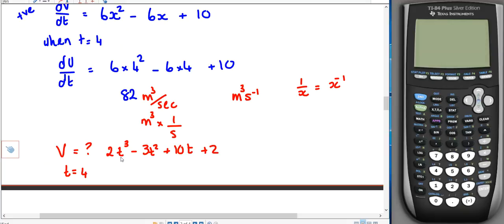Now I could ask it in even another way and say, at what time is volume 500? At what time is the rate of change 100 meters cubed per second? That kind of thing. And that's what we need to look at in the next thing, right? So this is what's going to happen now.